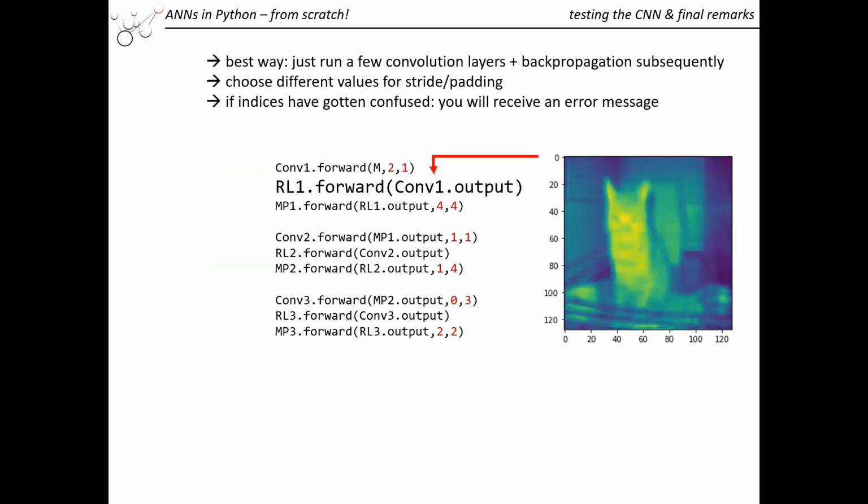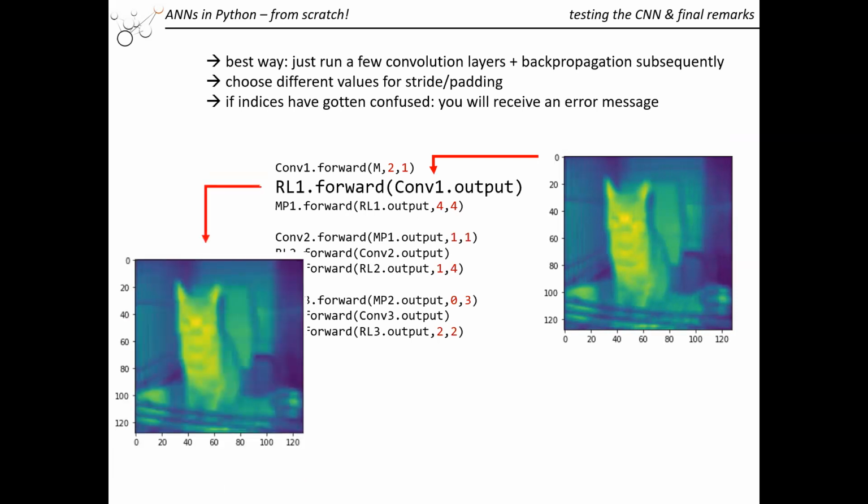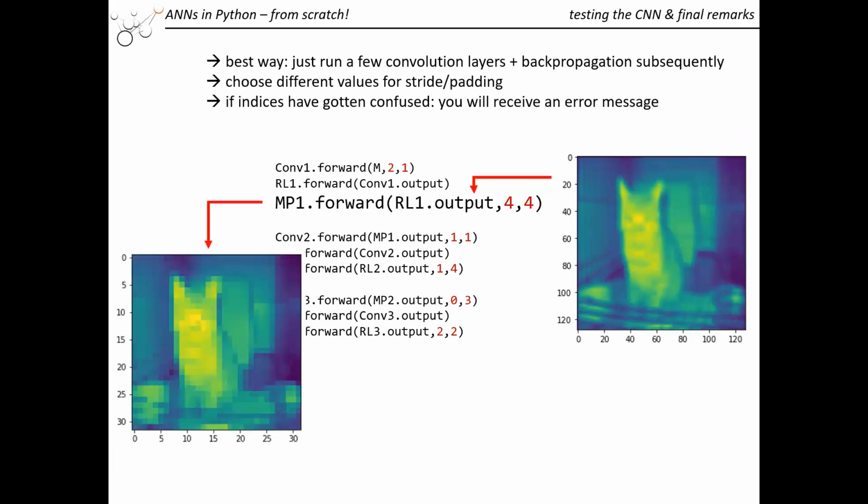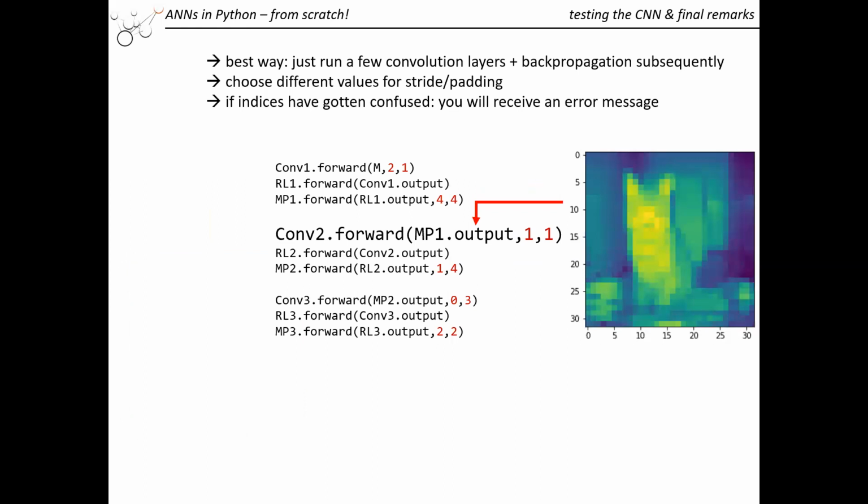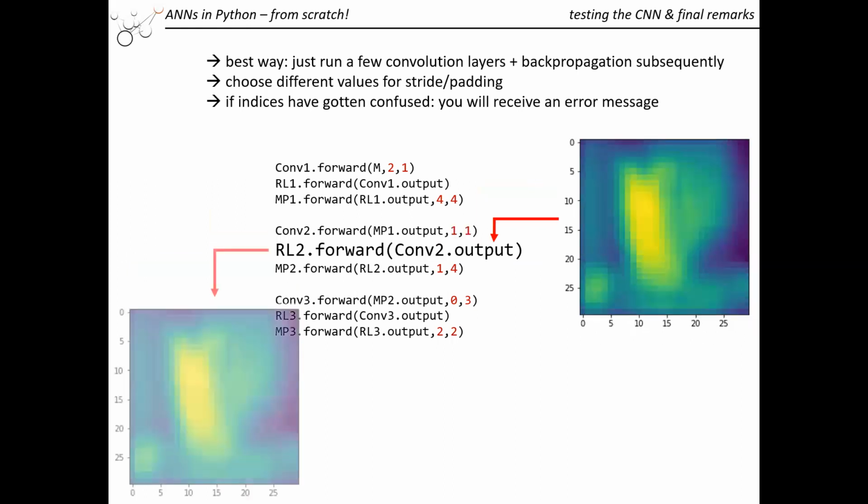And of course, we did this already while we were building the convolution layer and the ReLU layer. But now the point is, of course, that we see how the images are handed over from one layer to the next layer. So we want to also check the ReLU, the max pool, for example, and then we want to feed into the next convolution layer and so on.